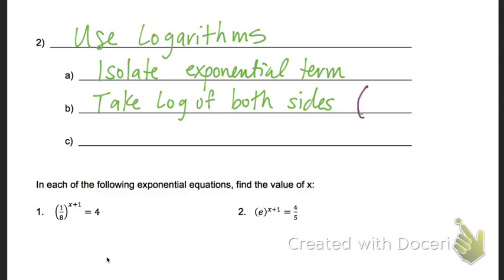But you're going to take the log of one of the bases. So for instance, if I had 3 to the x equals 5 or something, then I'm going to take log base 3 of both sides. Which, like I said, it may not make sense right now, but it will in a second. So just have that there in your notes so that you can refer back to it. And then third step is solve for x.